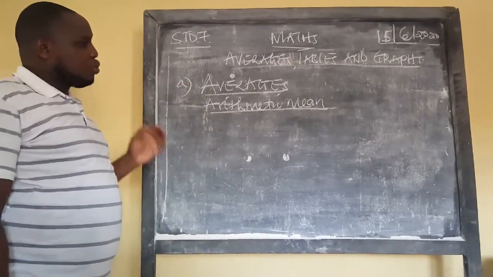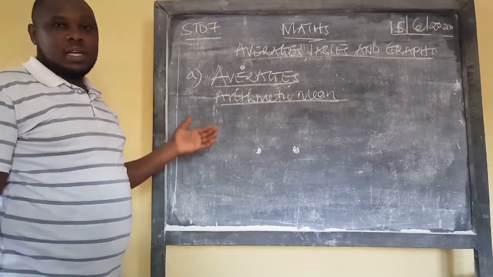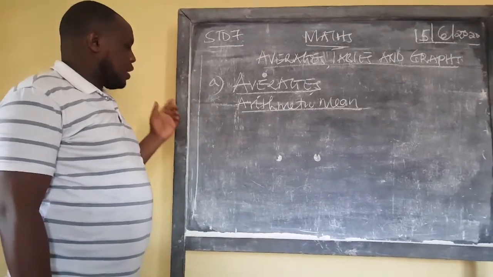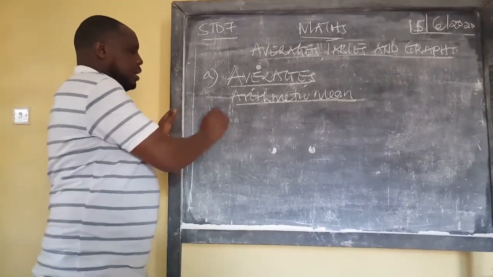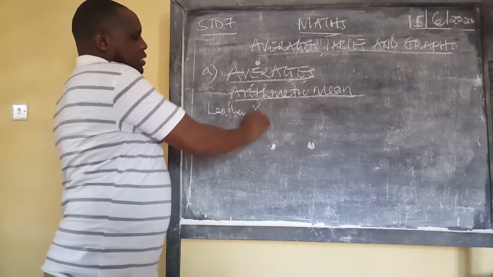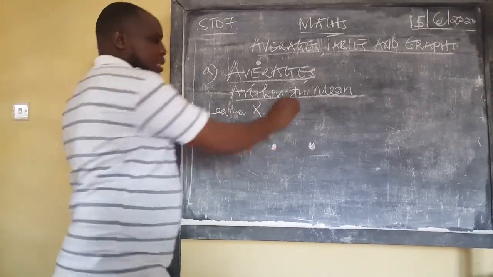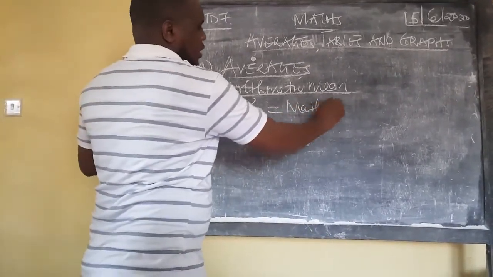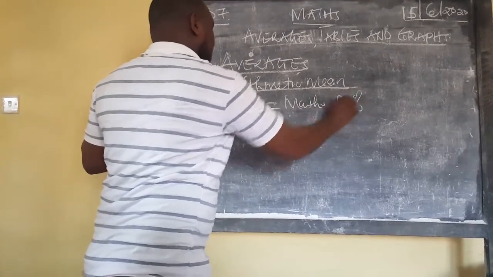For us to be able to understand what average is, I'll give you an example of learner X, who got in maths 80%.